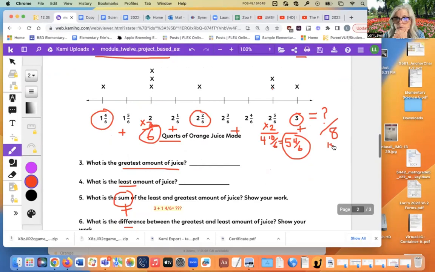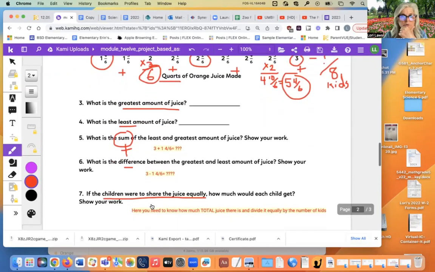So that last one is a really hard question. You really have to make sense of it and work hard on it. So if it were me, I would sit here and carefully write down 1 and 4/6.